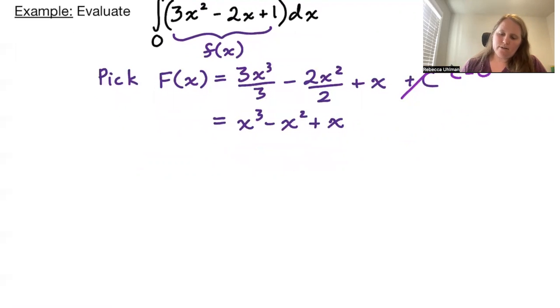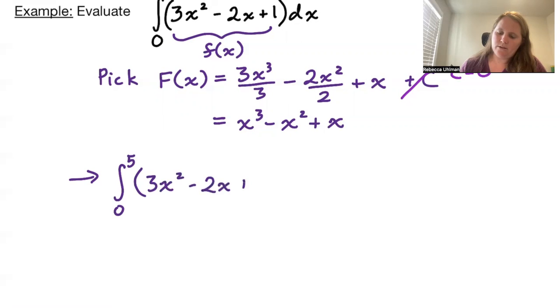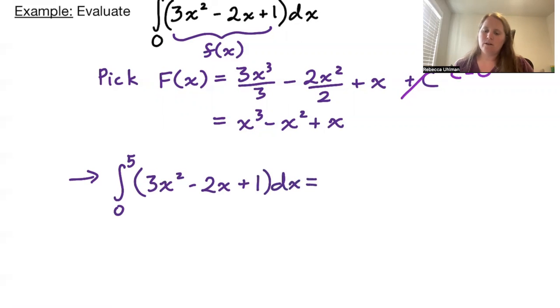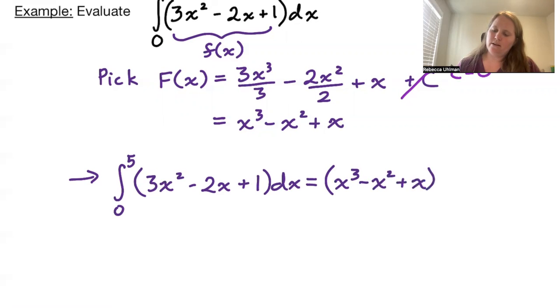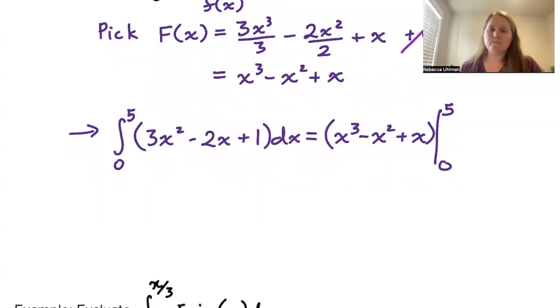So we have that the definite integral from 0 to 5 of 3x squared minus 2x plus 1 dx should be equal to, we are going to take our new function x cubed minus x squared plus x and evaluate that at 0 and 5, the bounds of our integral.